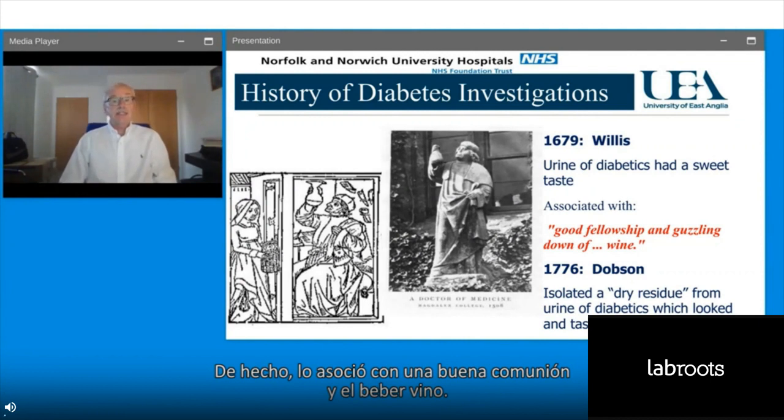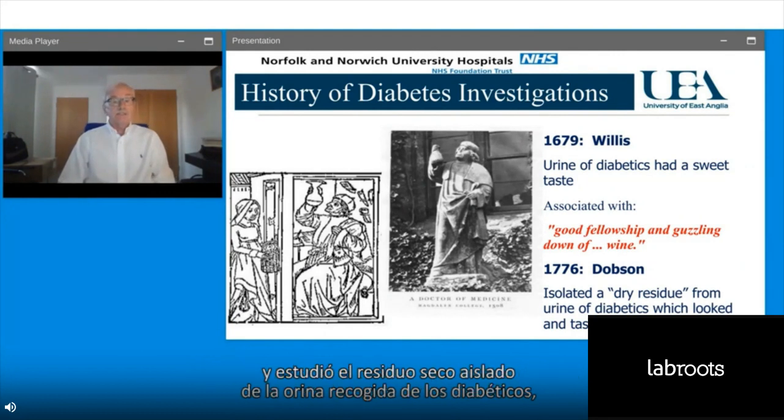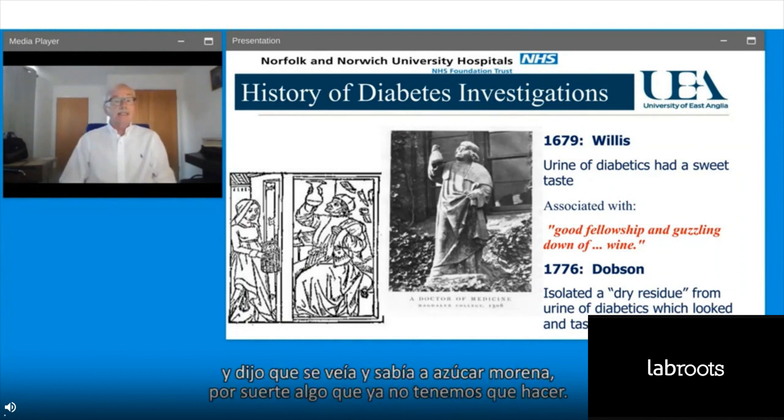Indeed, he associated this with good fellowship and guzzling down of wine. A century later, Dobson went slightly further, slightly more scientific, and he isolated a dry residue from the urine collected from diabetics, and he said it looked and tasted like brown sugar. Luckily, something we don't have to do anymore.